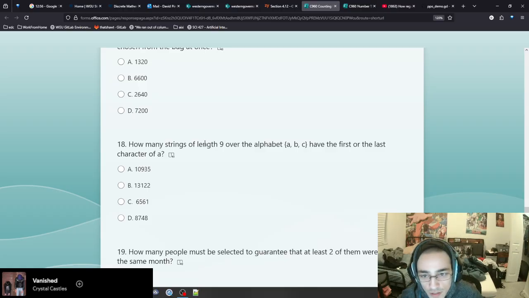How many strings of length 9 over the alphabet have the first or last character of A? Interesting, interesting. I think I'm gonna count it again, like I did last time.